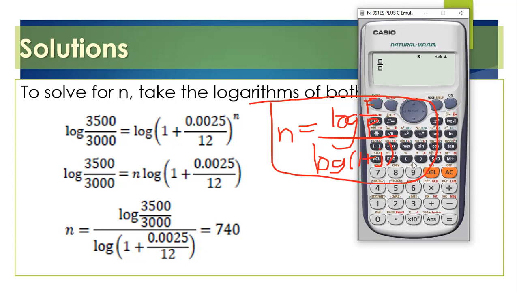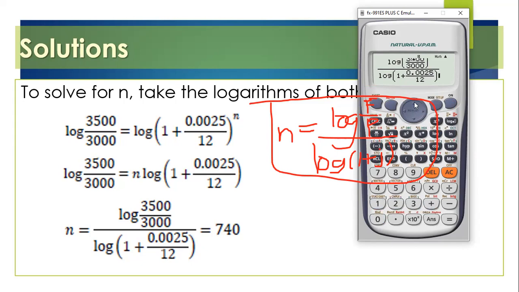this logarithm of, log of 3,500 over 3,000, sa baba, log of 1 plus 0.0025 over 12.